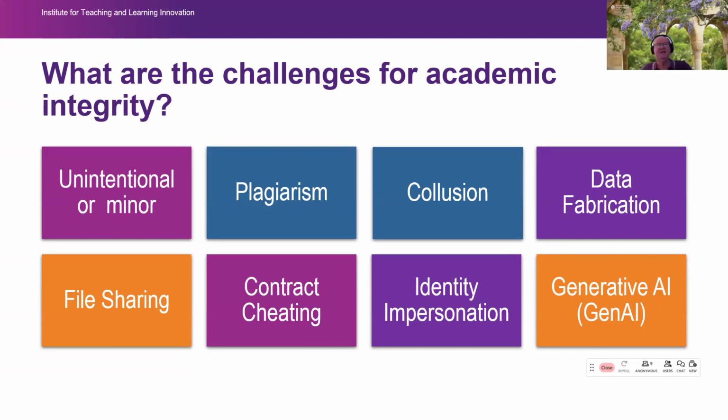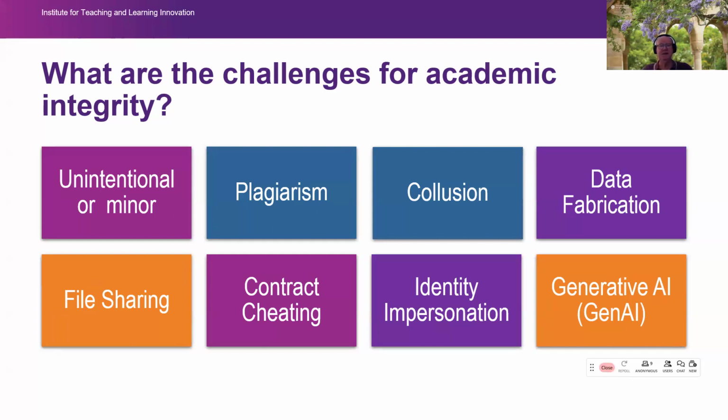But there's other things that have cropped up in the last few years that make it a little bit more difficult for students to delineate the lines. So we've got things like AI at the moment and file sharing sites.